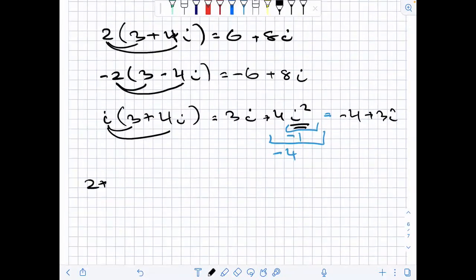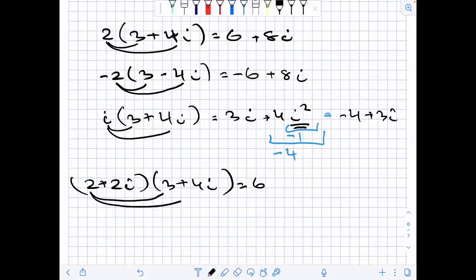What if we had 2 plus 2i multiplied by 3 plus 4i? When we multiply two expressions, we just multiply first with first, first with second, second with first, and so forth. So 2 times 3 is 6. 2 times 4i is 8i. 2i times 3 is plus 6i. And 2i times 4i is plus 8i squared.